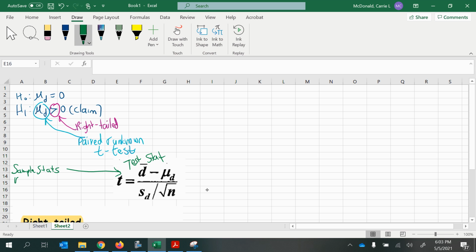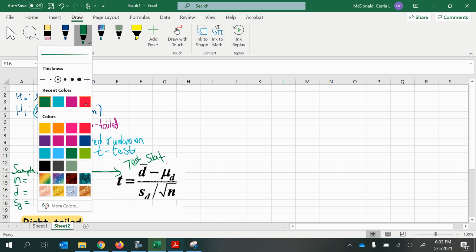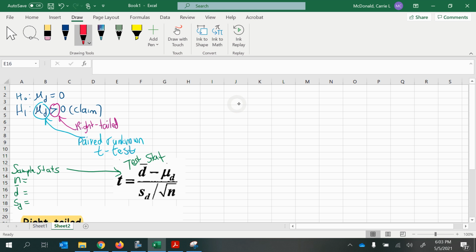So we're going to want the sample size, the sample mean of the differences, and the sample standard deviation. So all that should be given. We should also be able to get our significance level for the critical region, for the rejection region. Alpha equals something, and then the critical value will come from that.